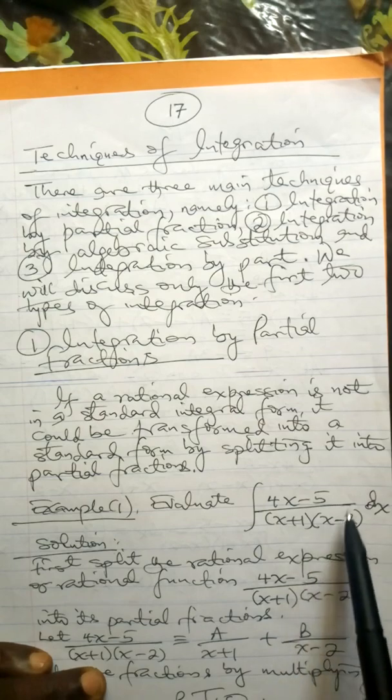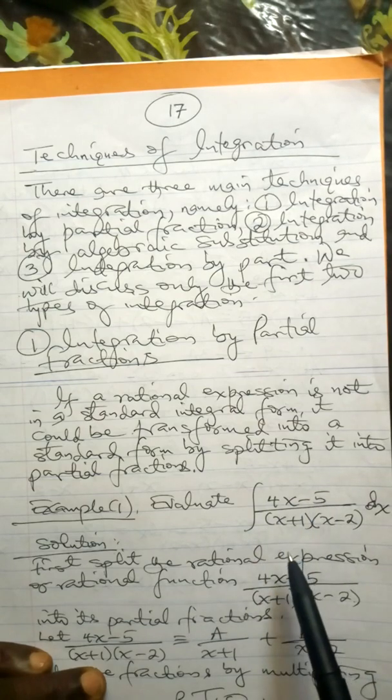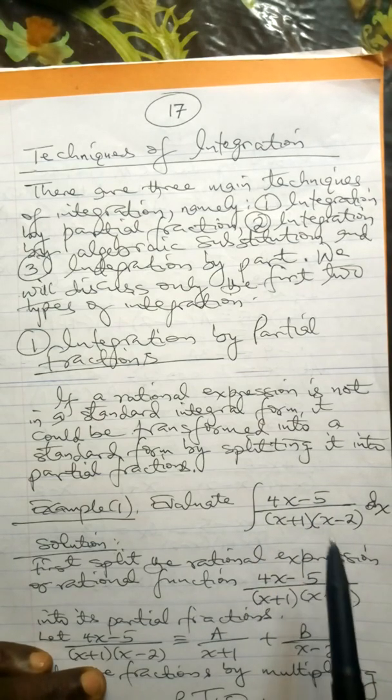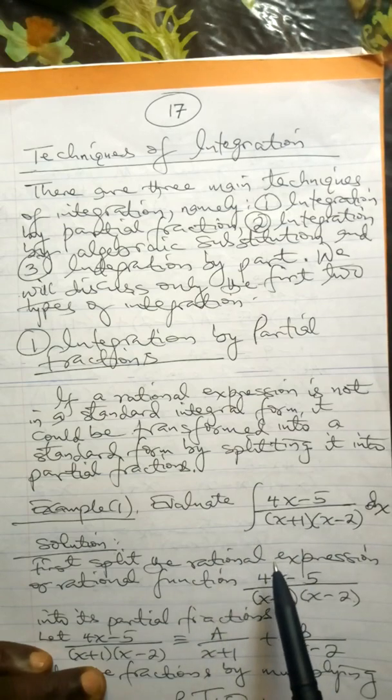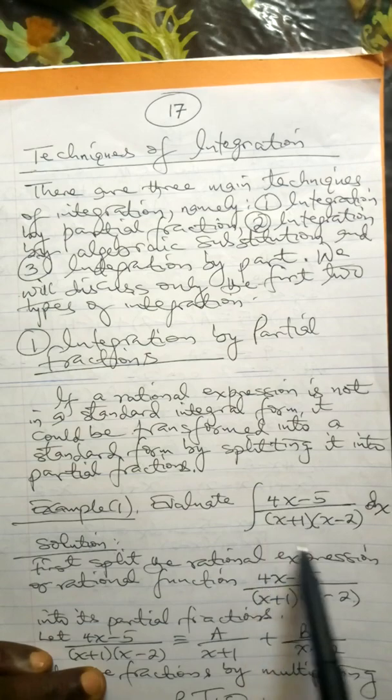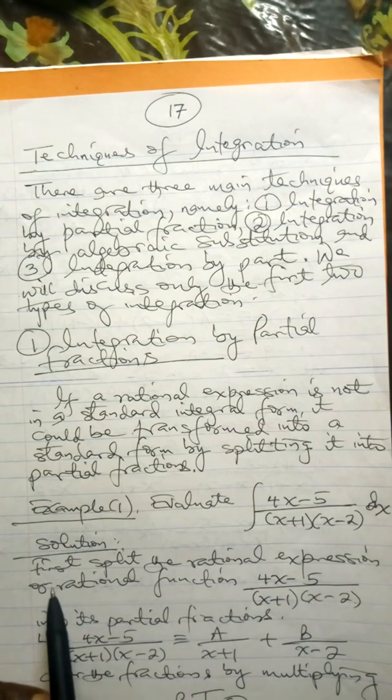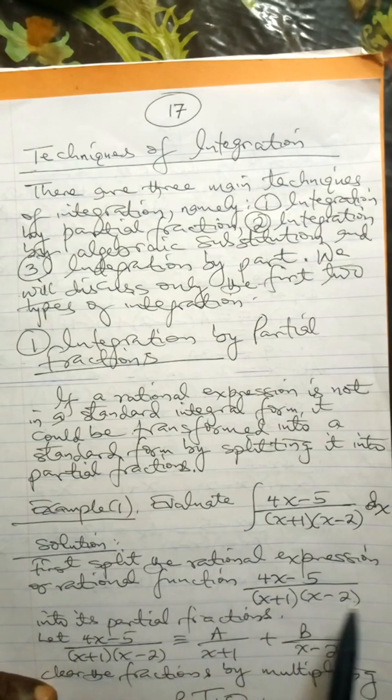As we can see, the expression we are to integrate is an algebraic rational function. The first step we do is to resolve this rational function into partial fractions before we can integrate. So the solution: first, split the rational function 4x minus 5 over x plus 1 into x minus 2 into its partial fractions.